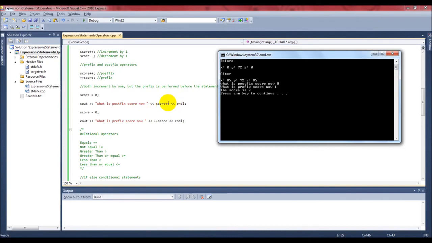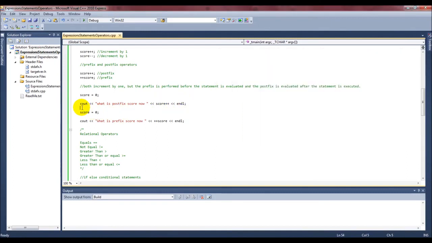Now notice I put a plus there, but this plus doesn't get evaluated until this line is executed. So therefore it will print score as 0. This plus will not be activated until this line is finished. So when it prints this statement, score is still 0. And on the next line, right here, this is when score becomes 1.